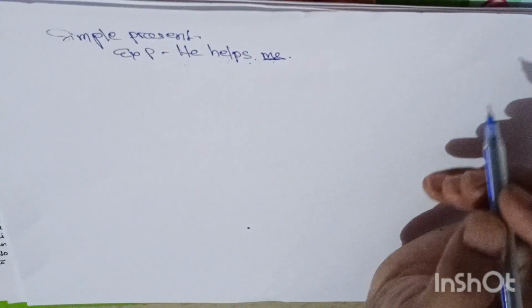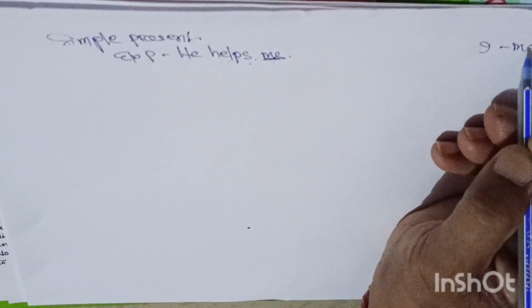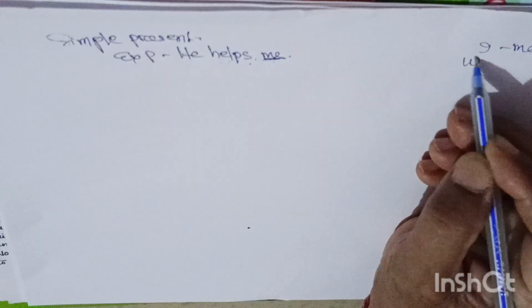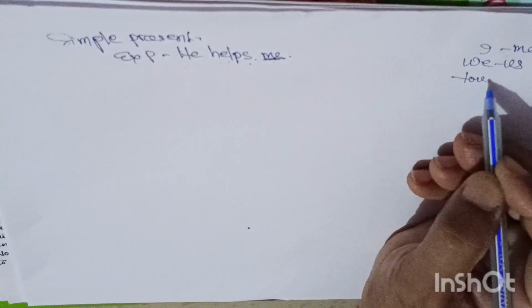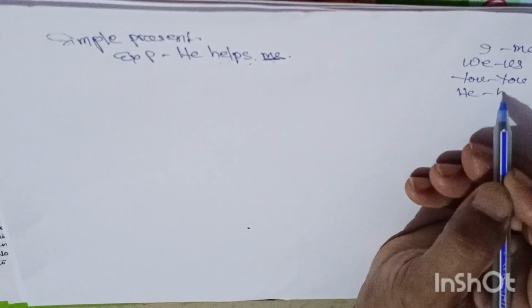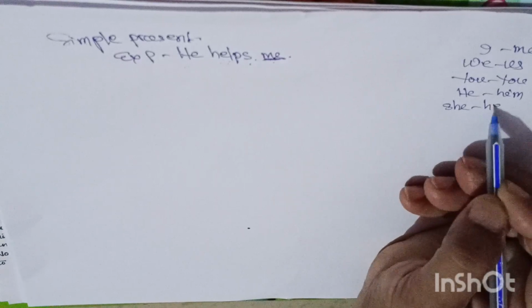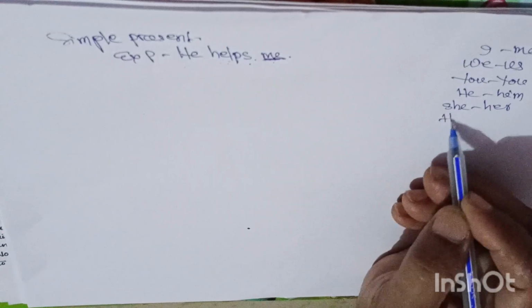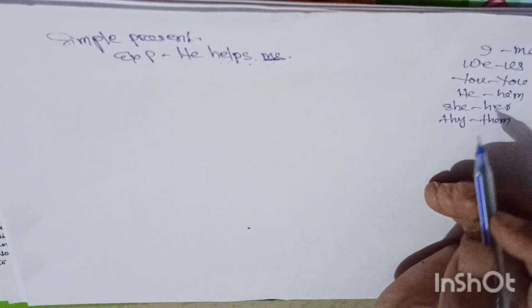When we ask the question using whom, the answer is the object. Before that, we have to remember that when the subject is I, it changes to me; we changes to us; you stays you; he changes to him; she changes to her; they changes to them. In this way, you can change.